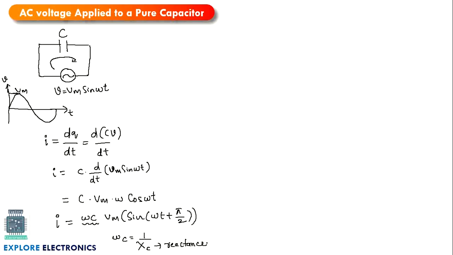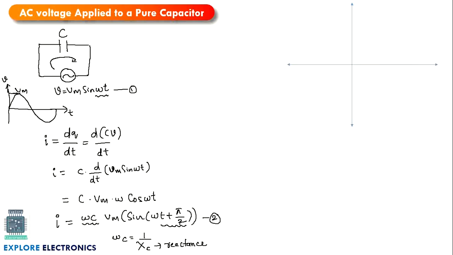If you observe this expression and this expression, the voltage and current expressions have a phase difference of plus 90 degrees. Here it is sin omega t, but here it is sin omega t plus pi by 2. So there is a phase difference between the current and voltage of plus 90 degrees. We can say current is leading.